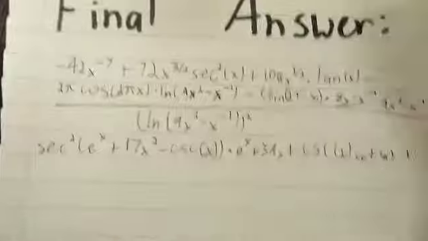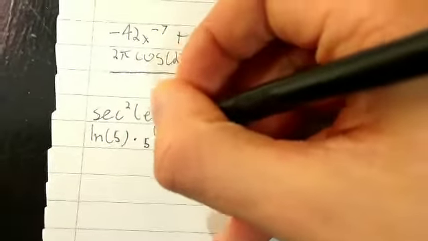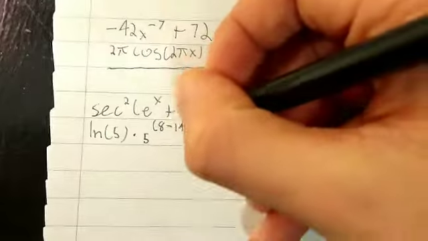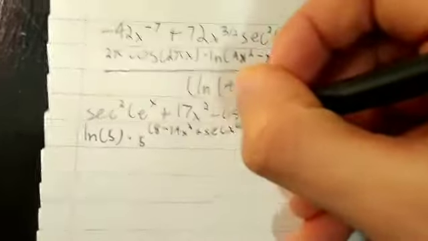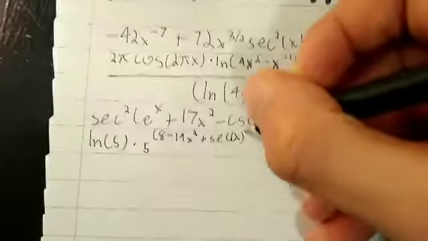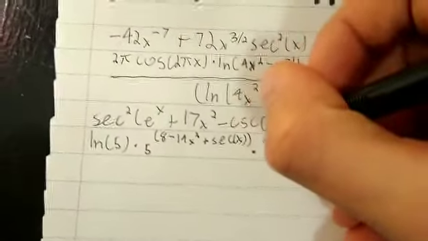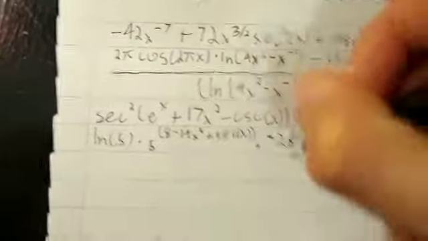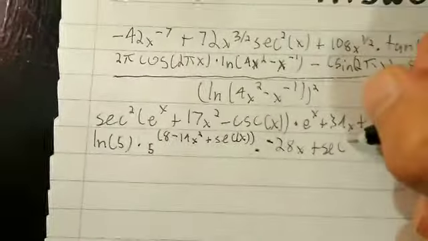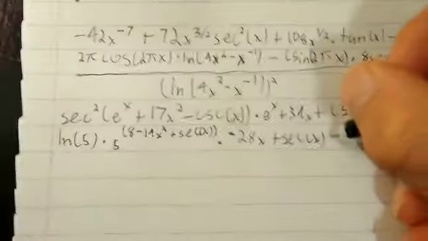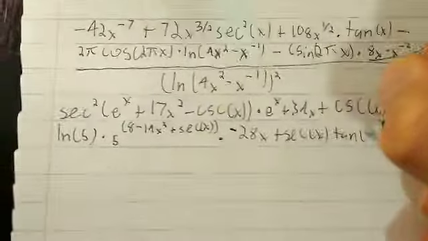Start off with a plus natural log of 5 times 5 to the power of 8 minus 14x squared plus secant of x times negative 28x plus secant x tangent of x.